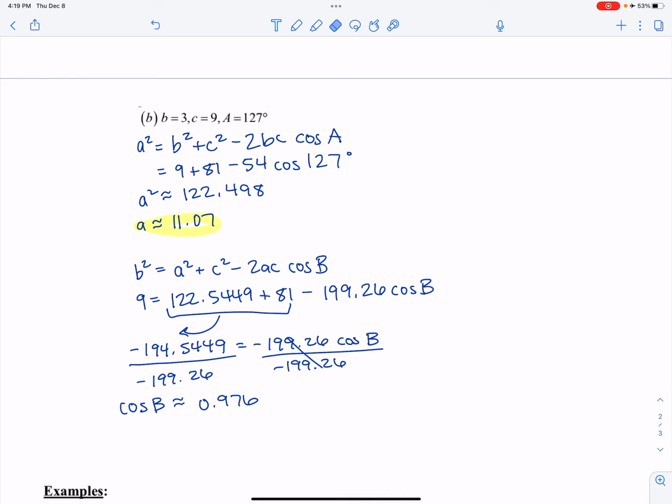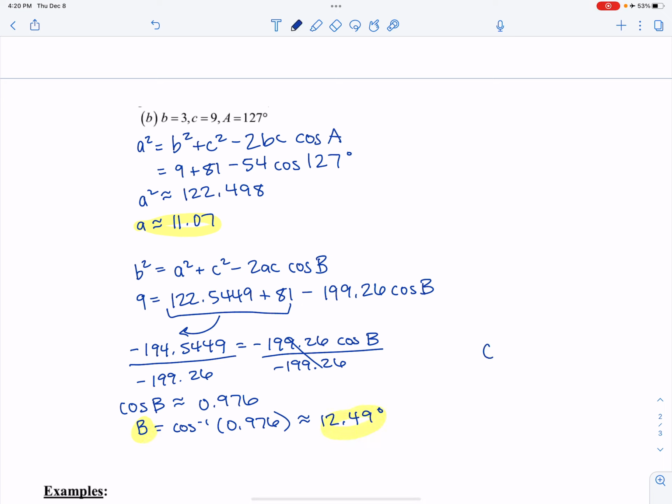So angle B, oh no, B is cosine inverse 0.976, which is approximately 12.49 degrees. So we have B.